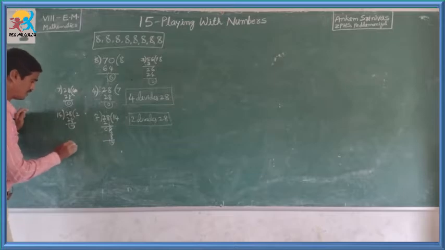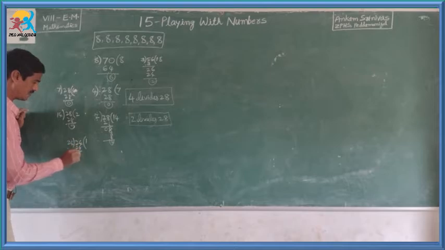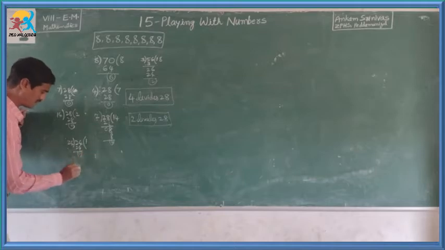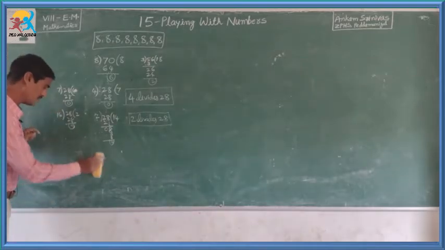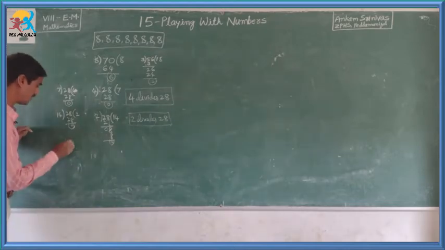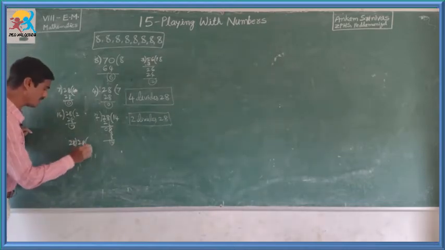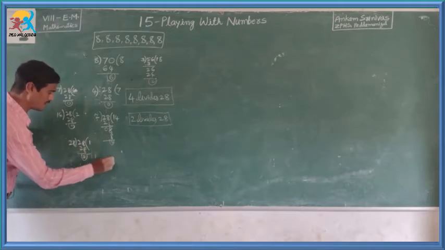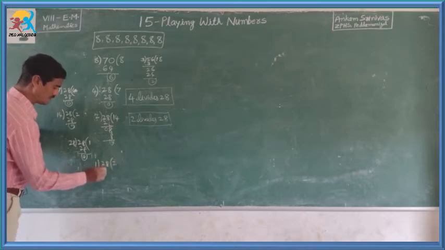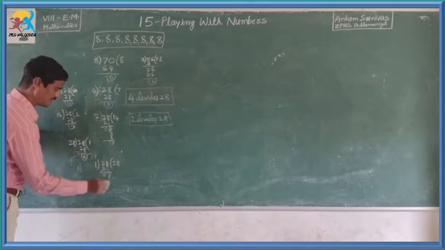If I take 28 divided by 28, 28 ones are 28, remainder 0. And 28 divided by 1, remainder 0.